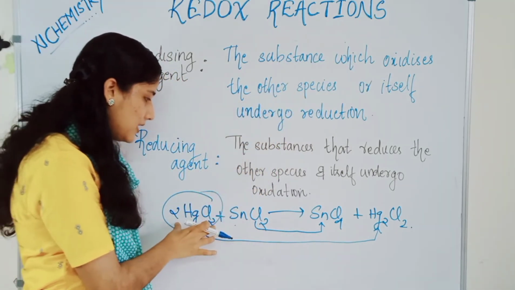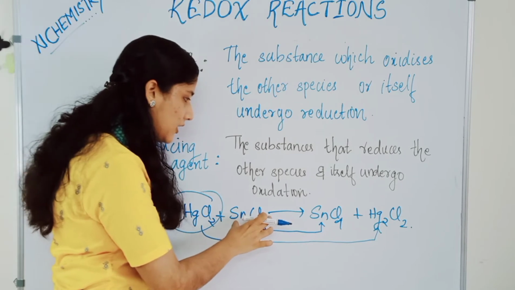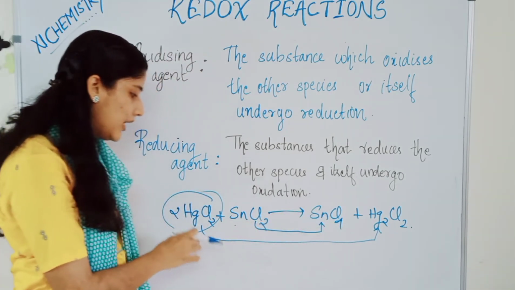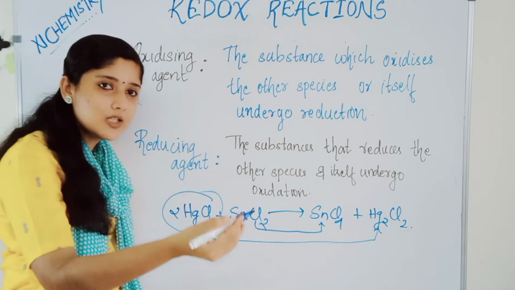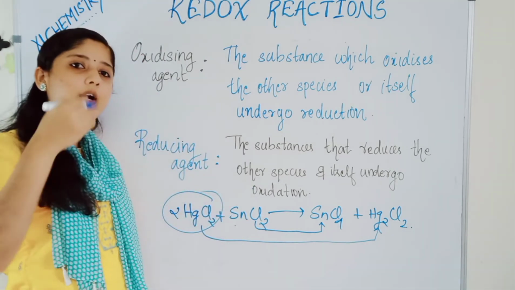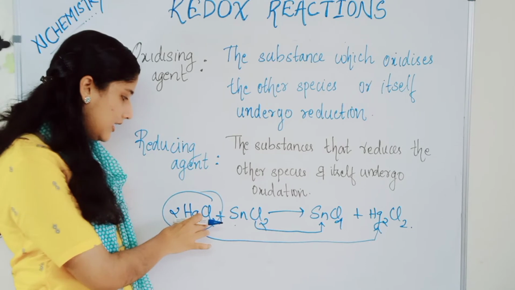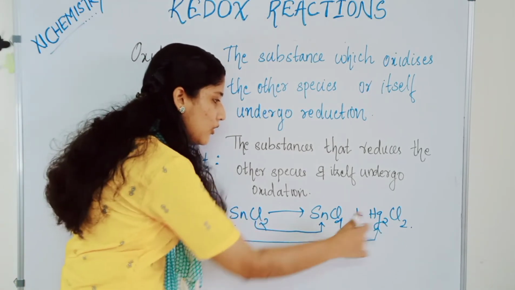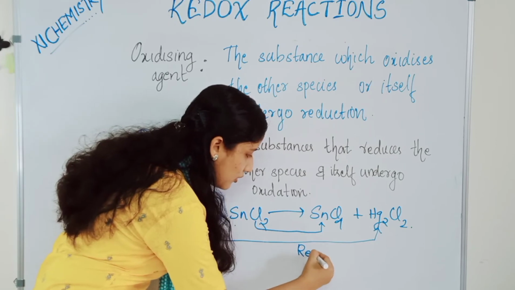So this substance made SnCl2 undergo oxidation to SnCl4, and itself undergoes reduction.